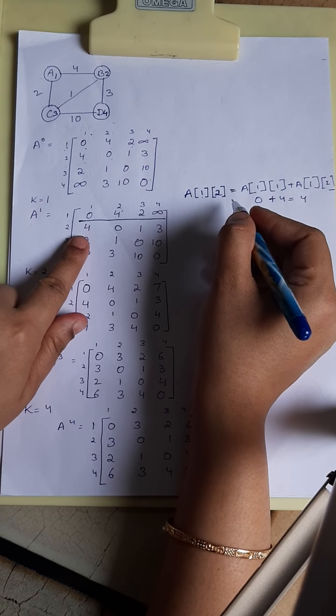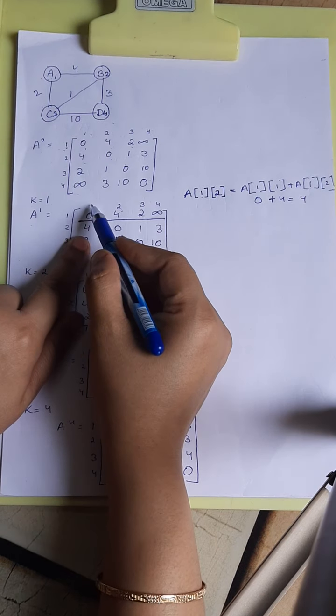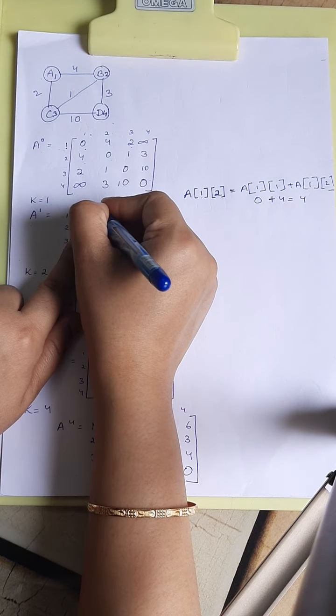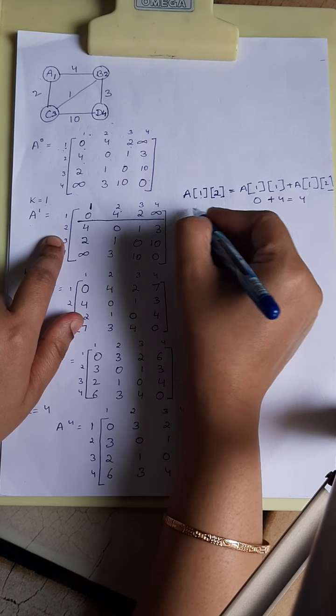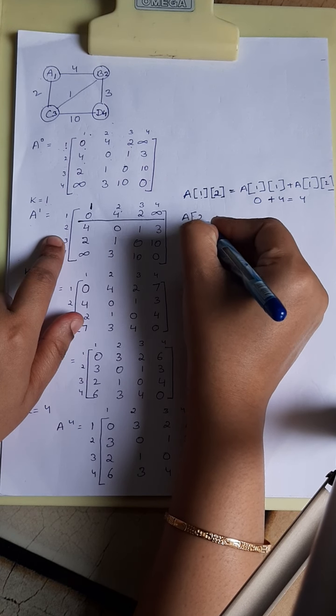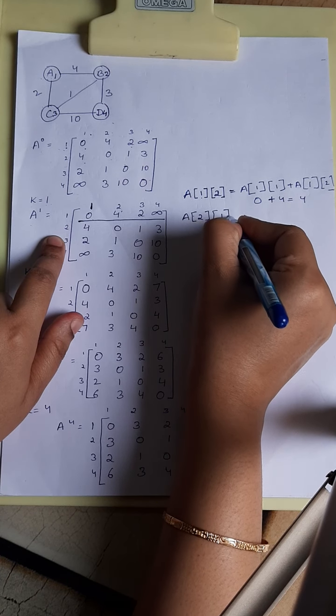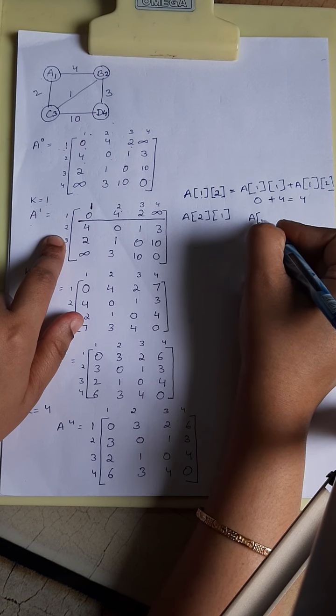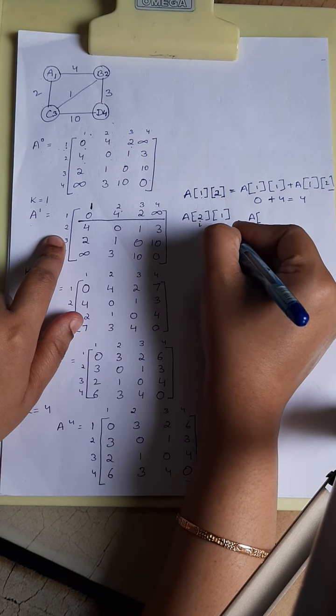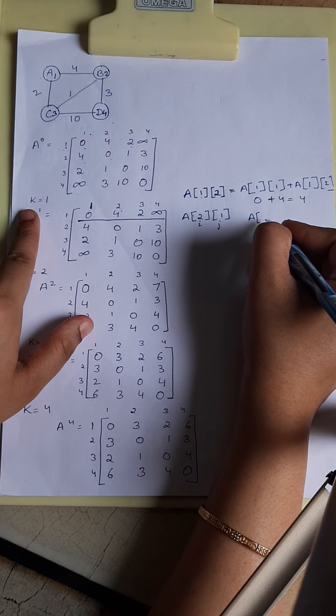In the second row, see from 2 to 1. k value is 1. So you have to check with A of 2, 1. If you are calculating A of 2, 1, you have to check A of ik, this is the value of i, this is the value of j, k value is 1.